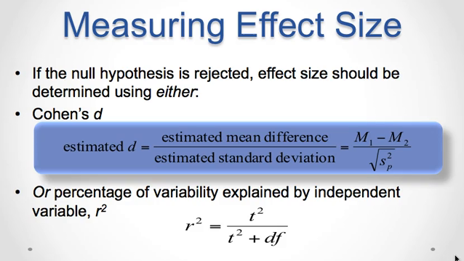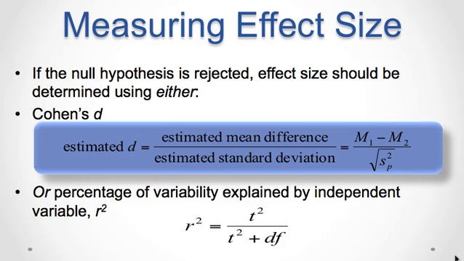If we reject the null, we must provide a measure of effect size. Effect size for independent samples t is measured in the same way that we measured effect size for one sample t in Chapter 10. Specifically, we can calculate an estimate of Cohen's d, or we can calculate r squared to get the percentage of variability explained by the independent variable or by the treatment effect.